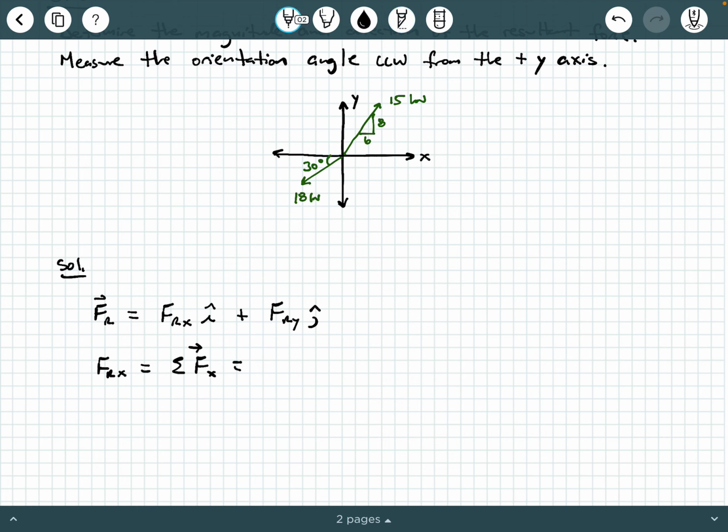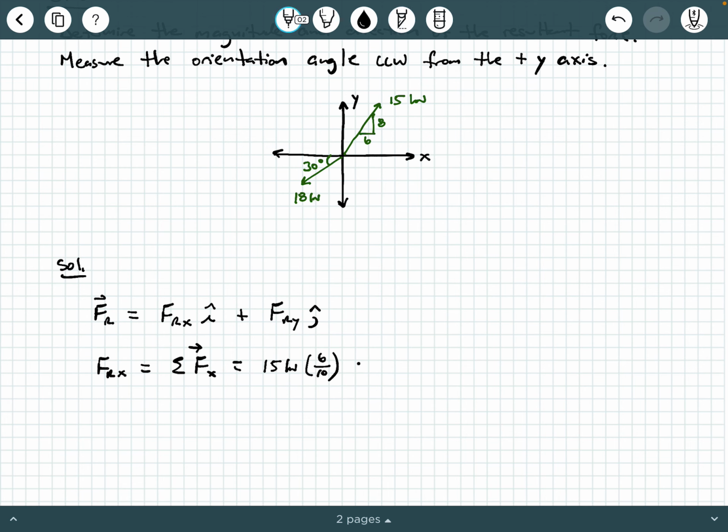So let's go ahead and write this out. If I start with the 15 kilonewtons, I'm going to say 15 kilonewtons times 6/10. That gets me the cosine of this interior angle right here. And how do I know it's 10? Well, by Pythagorean theorem, this is a 6, 8, 10 triangle, which is really the same thing as a 3, 4, 5 triangle. Now I need the x component of this 18 kilonewtons here, which will be negative.